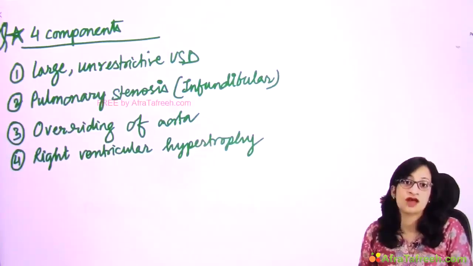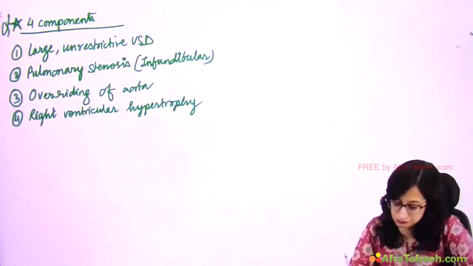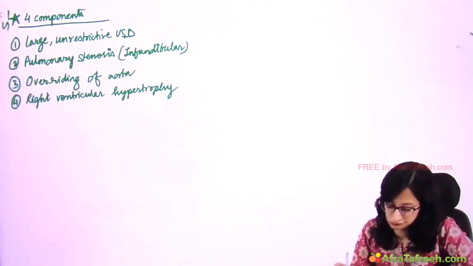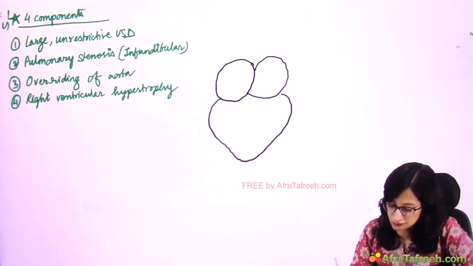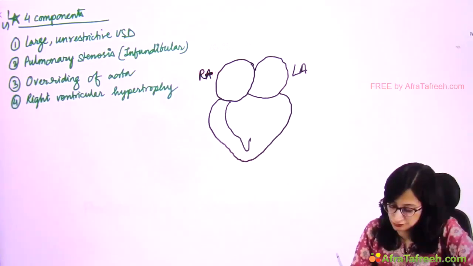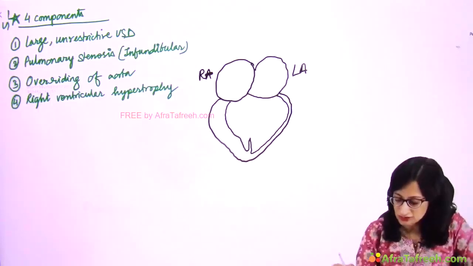So now let us see what happens in Tetralogy of Fallot. So the right atrium, left atrium, so there are 4 components of Tetralogy of Fallot as we said. One is large unrestricted VSD.